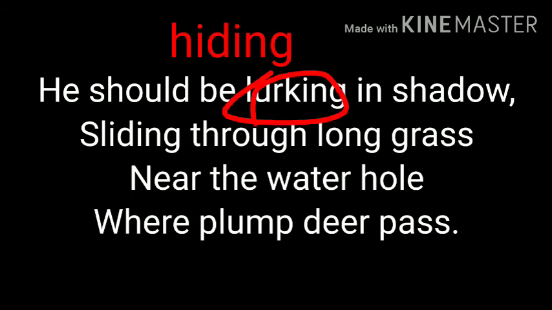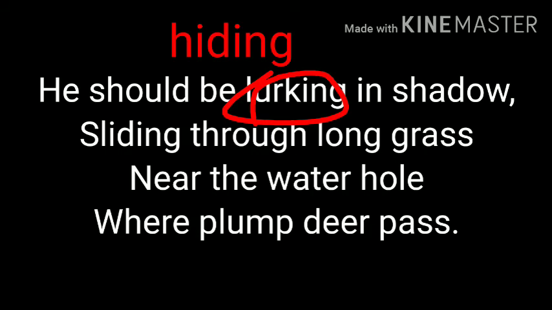Now we find the tiger mainly inside a cage, but it's not the place for a tiger to live. The tiger should live in its natural habitat, mainly the jungle. It can live freely, wildly. Here lurking means hiding. So in the shadow of the jungle, it should hide itself.